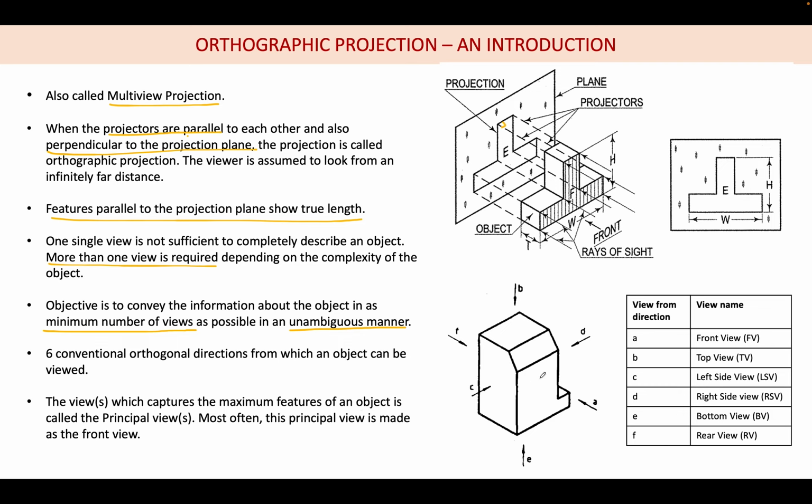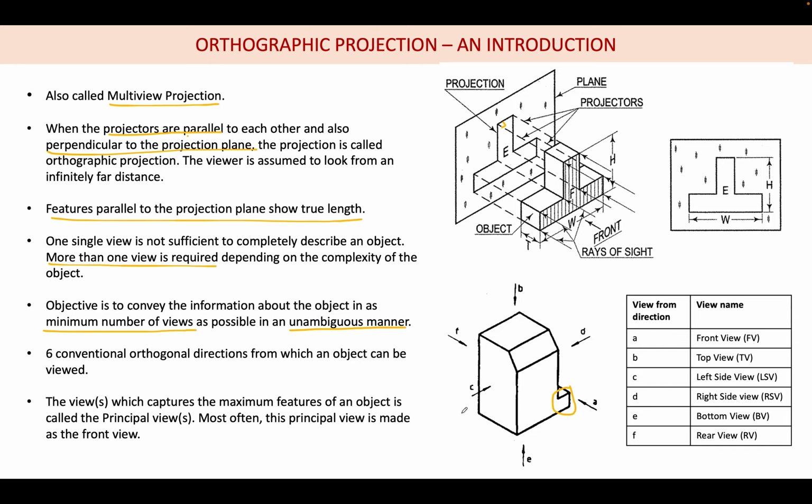So in this you can go either for C or A. In A, the advantage is that you are able to capture this extra leg portion, which is one of the important features of this object. So in this case, we can select A as the front view. Based on the orientation of the front view, all other views are decided.